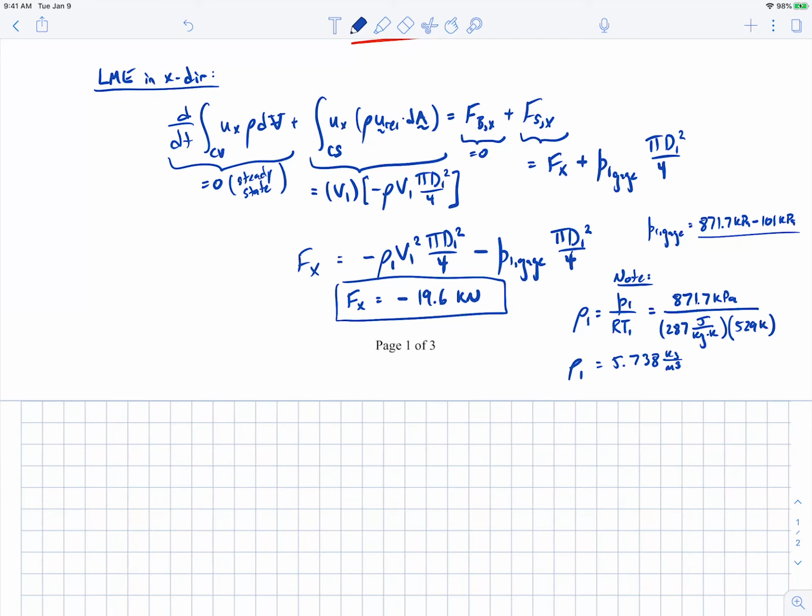So that's what P1 gauge is. Okay, so that's the force in the x direction. We need to do the same thing in the y direction. So we'll apply the linear momentum equation in the y direction. So we'll write that out in its full glory.